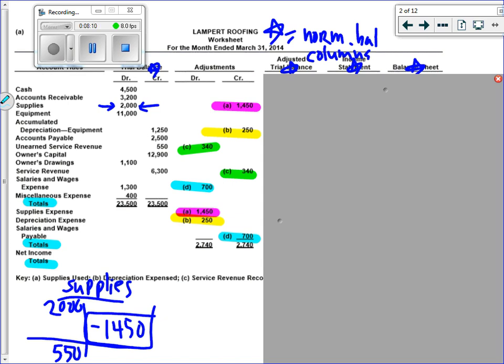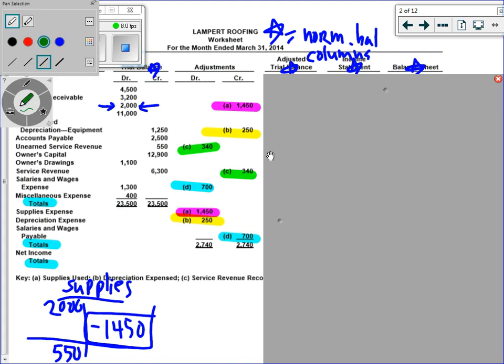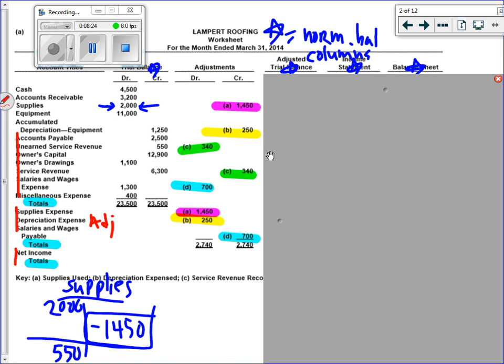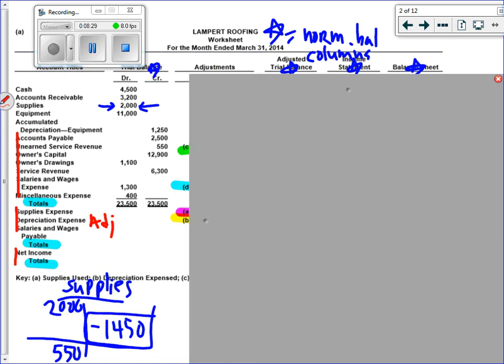Good. This section is what you came in with. This section is just for the adjustments. And this shows, of course, net income. Going into a test, you would have all of this set up for you already.